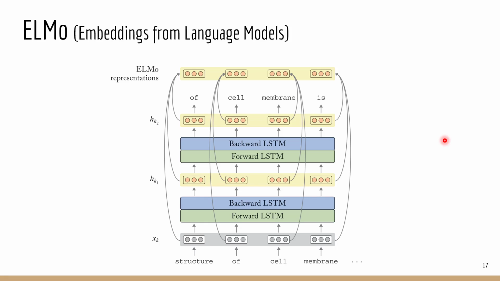ELMo, or Embeddings from Language Models, is a more recent model and a more prominent one. But in fact, in its idea, it's very similar to context2vec. Again, you have some bidirectional LSTM model to encode the context, but there are some subtle differences. The major difference between ELMo and context2vec is that here you are predicting the next word in the sequence.